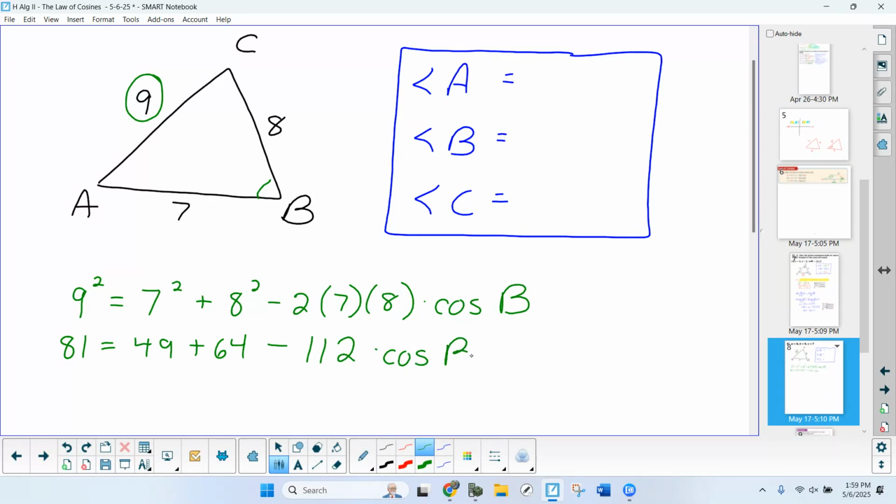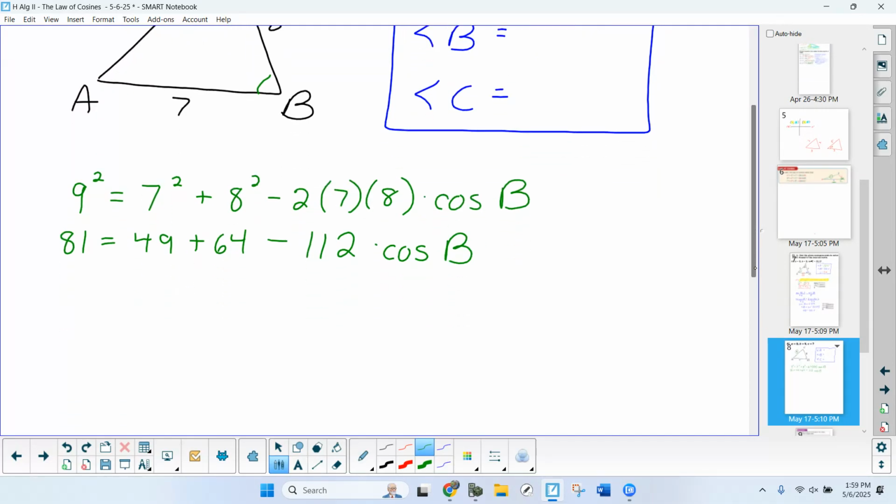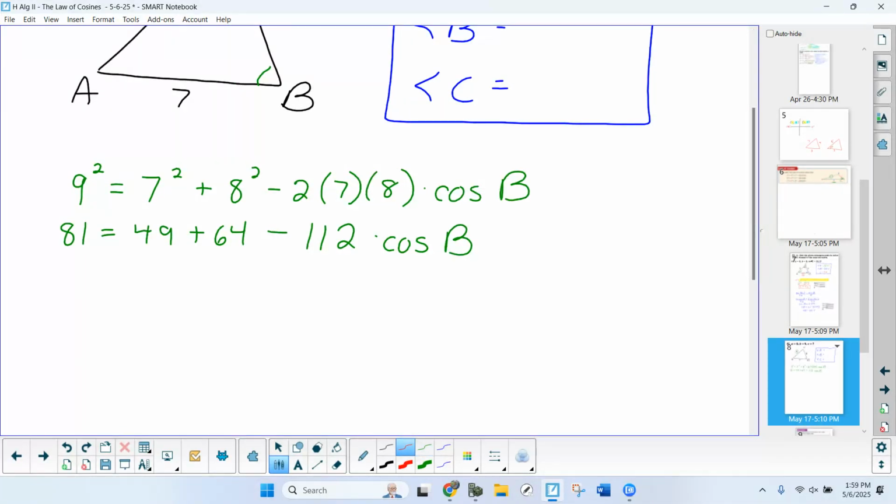Now, this is where you guys mess up. If I had the equation 8 equals 9 plus 4 minus 2x, can I add 9 plus 4 minus 2? No. So can I add 49 plus 64 minus 112?